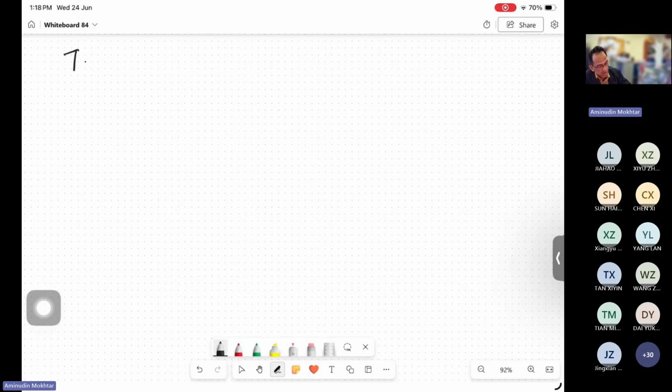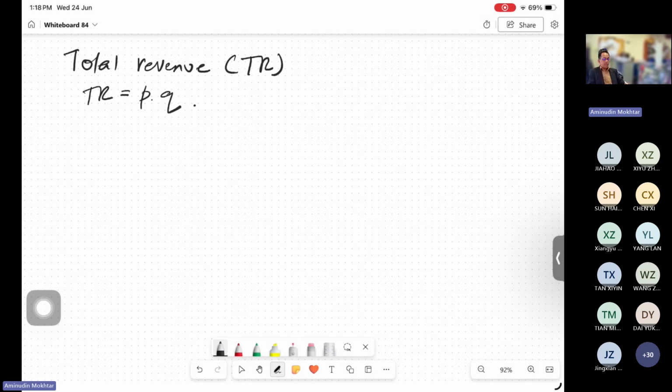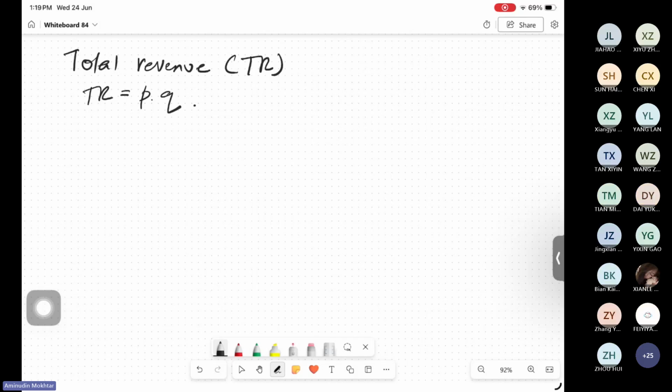Let's say total revenue, or TR. In economics, TR equals P times Q, the price of the good times the quantity. That is total revenue.